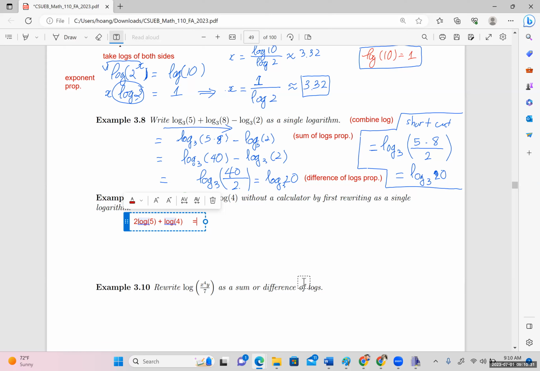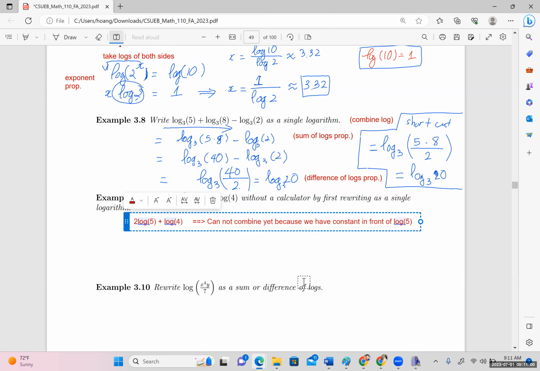So can I combine this right away? No, cannot combine yet, because we have a constant in front of log 5. Right?